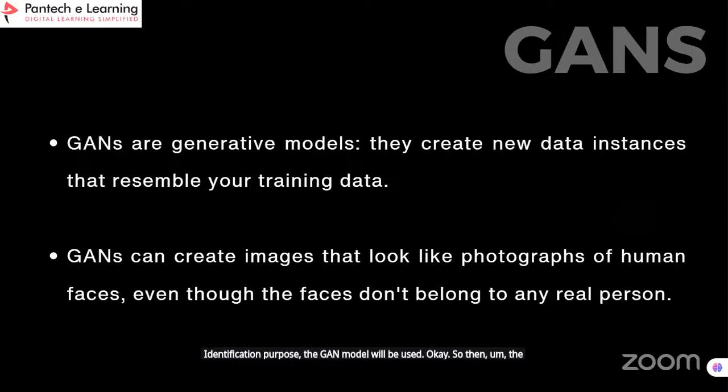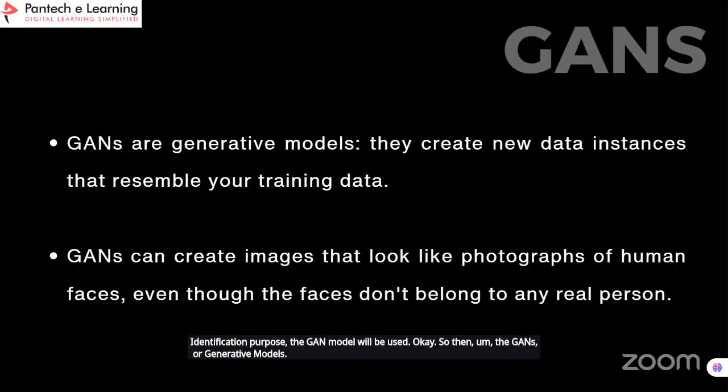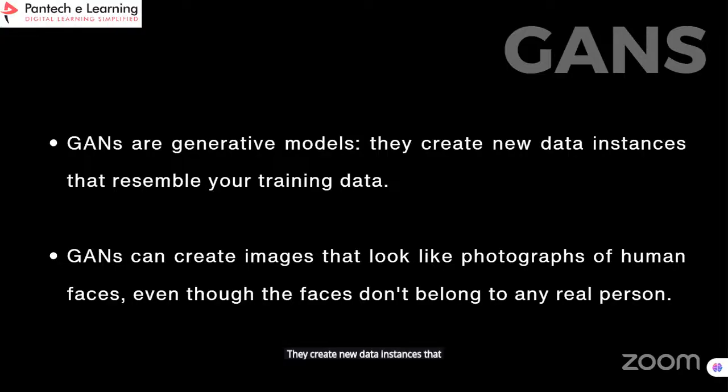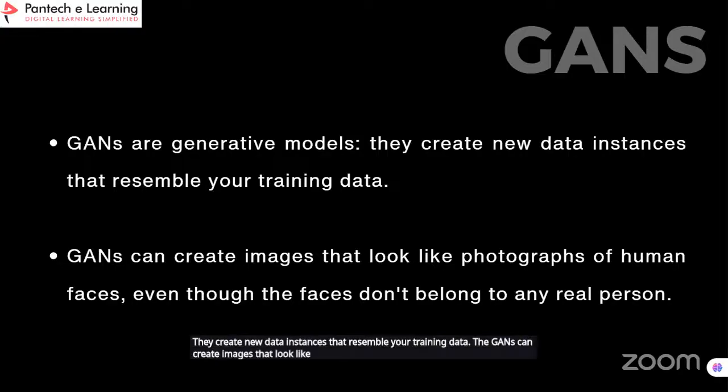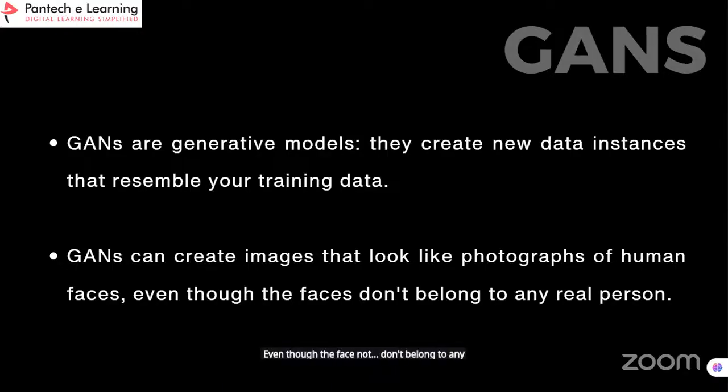GANs are generative models. They create new data instances that resemble your training data. GANs can create images that look like photographs of human faces, even though the faces don't belong to any real person.